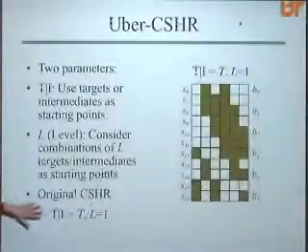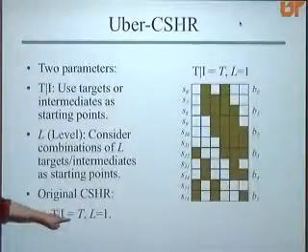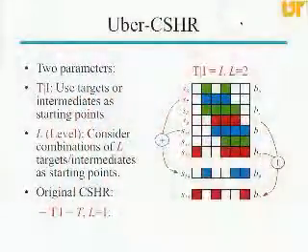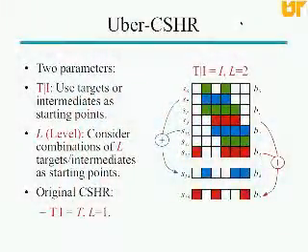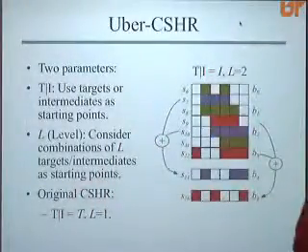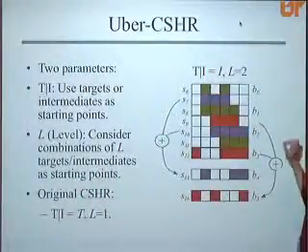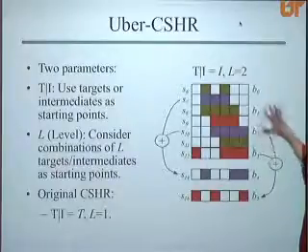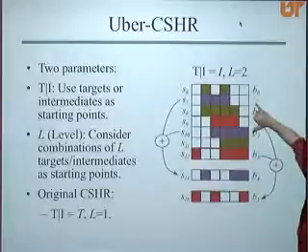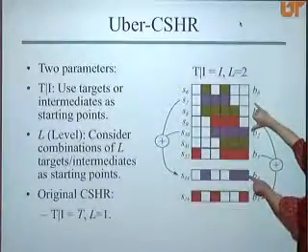Let's try that. So the original code-specific hybrid reconstruction only considered targets, and the level is 1, because you only consider 1 combination. So for example, if you bump that up with this example matrix, if you consider intermediates and consider all combinations of 2 intermediate sums, you get the realization that this element and that element, when summed together, equal that target.